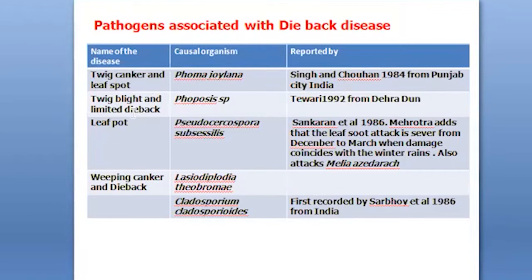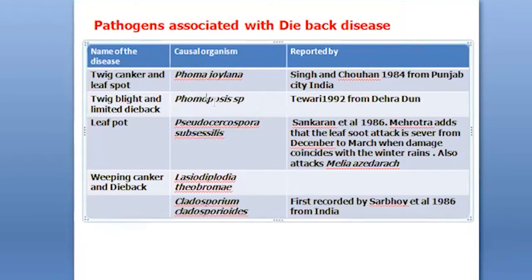Whereas twig blight and limited dieback, so this is Phomopsis, was reported by Tiwari in 1992, and he reported it as a Phomopsis species only. He didn't identify the species. Okay, and from Dehradun, and then leaf spot, this is Pseudocercospora subsessilis.